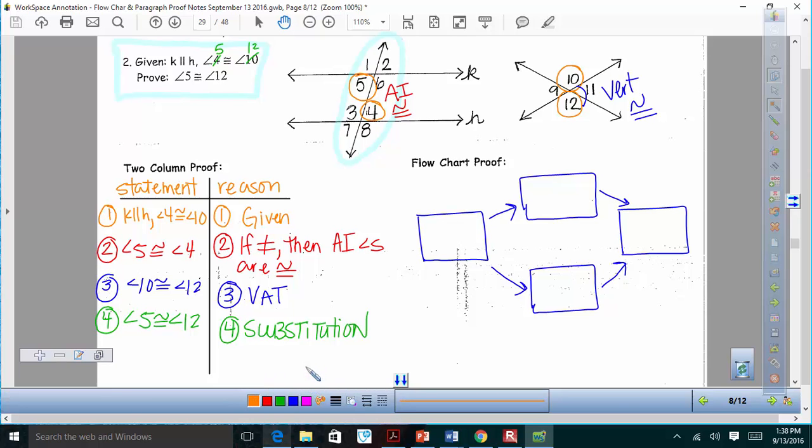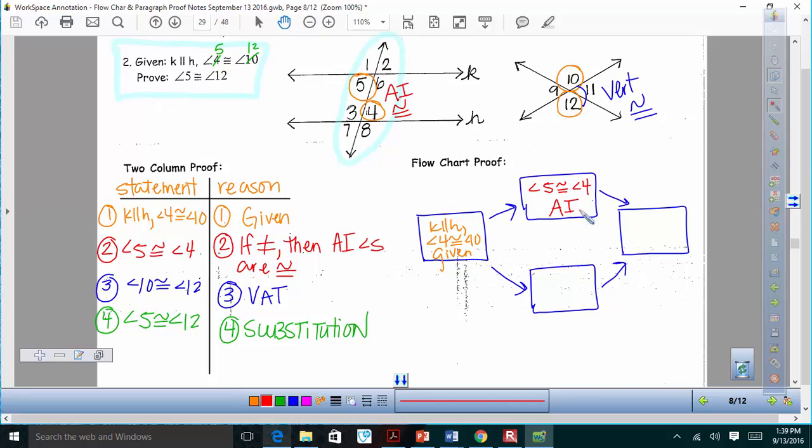Okay, so what would I write in my first box, Nick? Perfect. K is parallel to H. Angle 4 is congruent to angle 10, and that's because it's given. Okay? Ellie, what would I put in this top box? Okay, anything else?